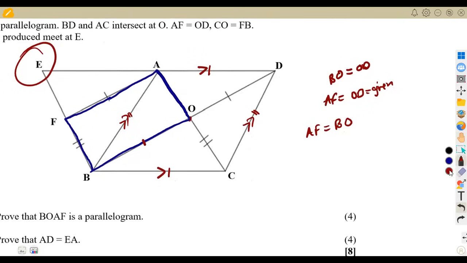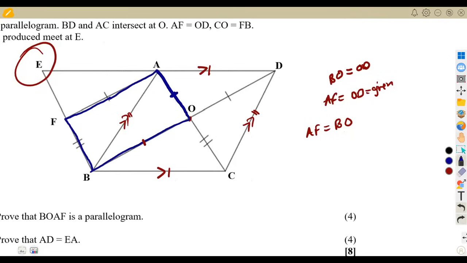Then another thing that you're going to need, again from the same case: AC is bisected again. So AO and OC are equal, just like from B to O to C. So A to O, this side, all right?